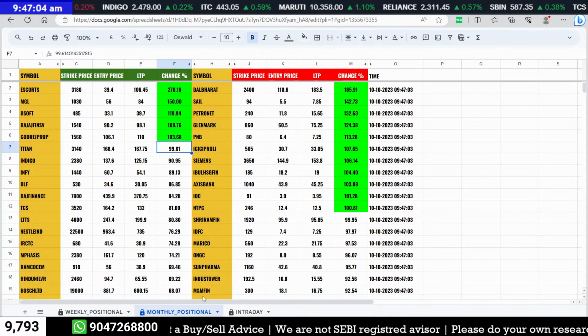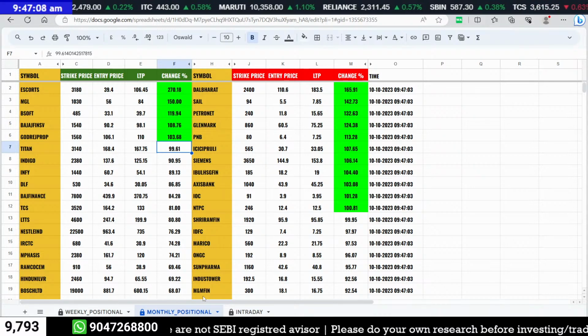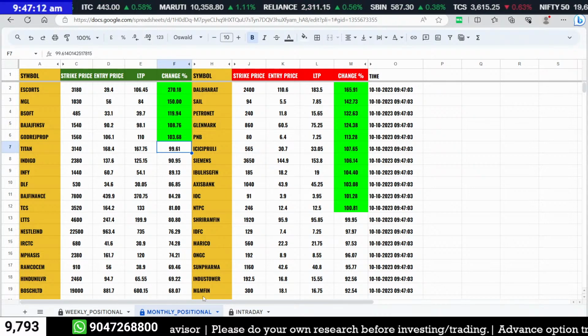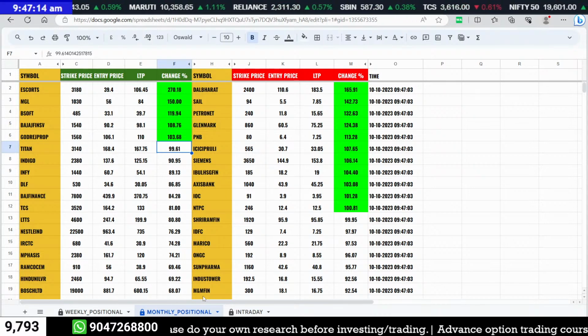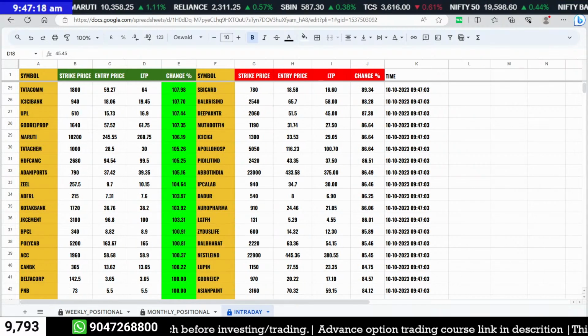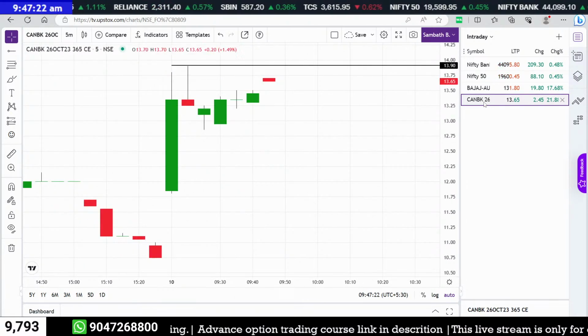It says something like PNB 7.25, maybe not traded. Intraday, we will find only a few. So maybe Canara Bank.